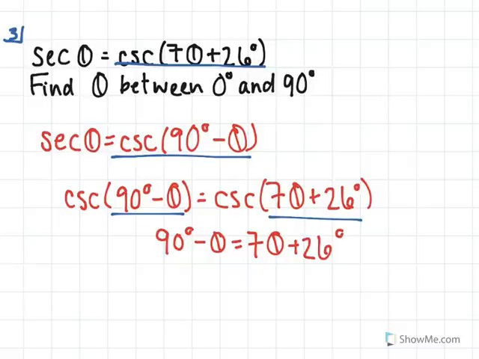And from there, it's just some basic algebra. You can subtract 26 from both sides and add theta to both sides. So 64 degrees equals 8 theta, and 8 degrees is equal to theta. And that falls between our range of 0 degrees and 90 degrees. And if you were to plug that back into cosecant of 7 theta plus 26 degrees, it would equal secant of 8 degrees.